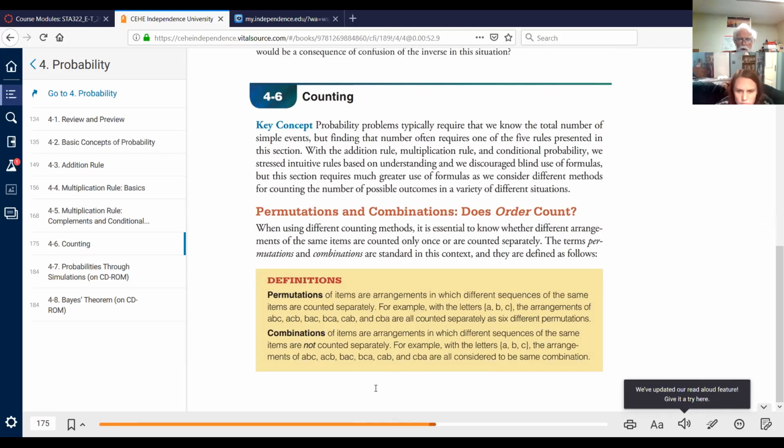So, in other words, again, ABC is the same thing as CBA. So anything involving the letters A, B, and C would be considered the same combination, but they are different permutations. Does that make sense?